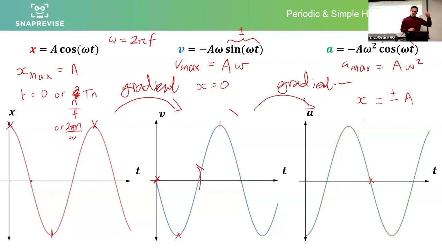I'll say plus or minus a, as long as you reverse the sign. So when x is at -a, the acceleration will be at its positive maximum. When x is at its highest point, the acceleration will be at its negative maximum magnitude.